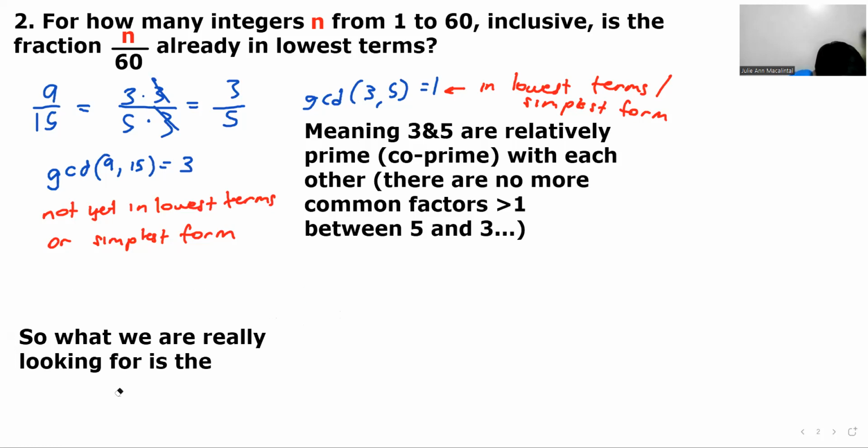So we are basically looking for what? We're looking for the numbers x. I don't see any x there.